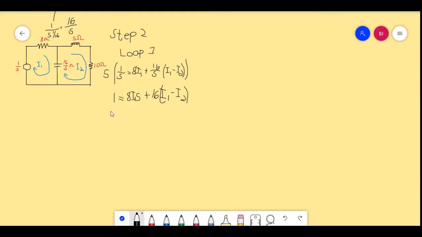So let's go ahead and distribute 16 already. So 1 equals 8 I1 S plus 16 I1 minus 16 I2.